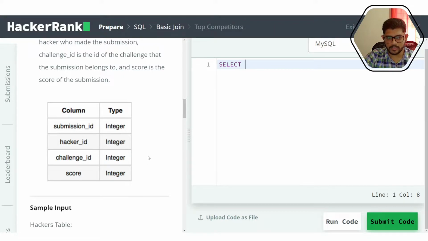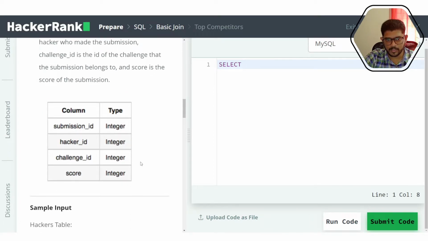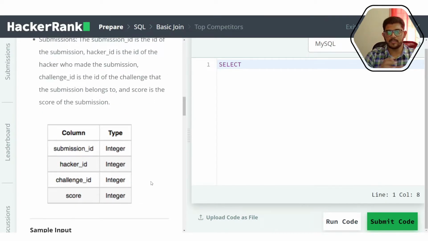Because it would be redundant to have difficulty level here, because once we have challenge ID, we will know the difficulty level by referencing the challenges table. We will very easily know the difficulty level. So there is no point in mentioning that over here. So submissions is the main table to which we are going to join other tables, right?